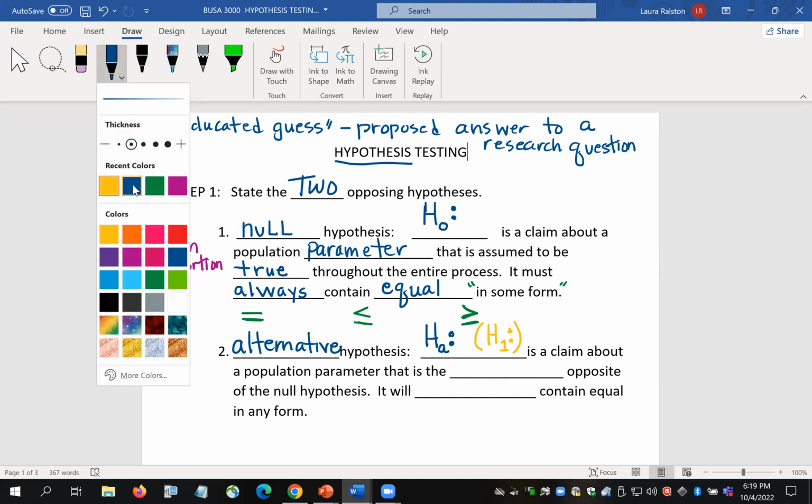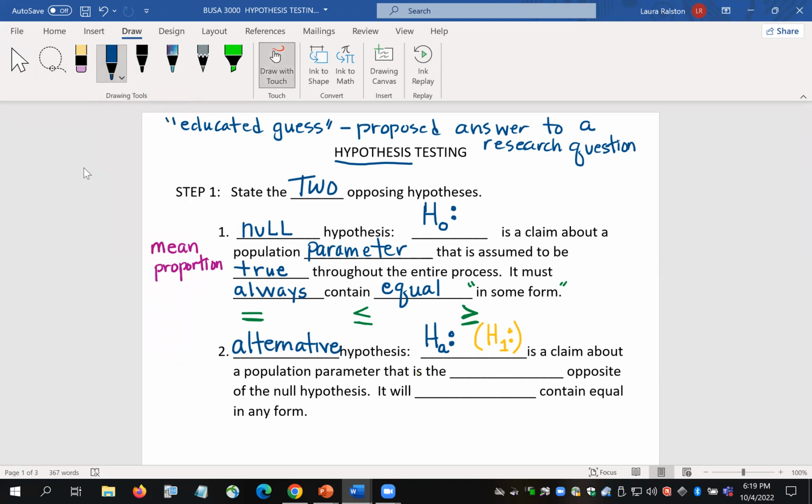I use H with a subscript of A, and I know it's what's used on your homeworks, quizzes, and your final exam. It is a claim about the same population parameter that is the exact opposite of the null hypothesis. They are opposing or opposite of each other. So the null and the alternative are opposites of each other.